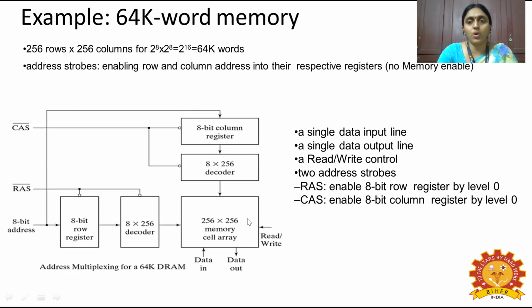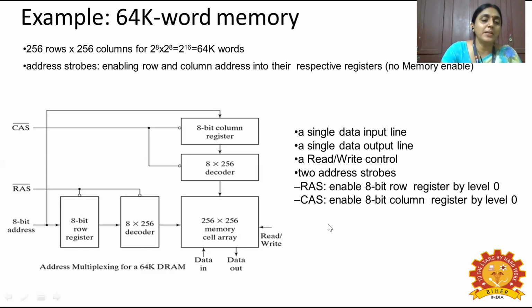This involves a single data input line, a single data output line, a read or write control, and two address strobes, RAS and CAS. You can see in the diagram where RAS enables the 8-bit row register by level 0, and CAS enables the 8-bit column register by level 0.